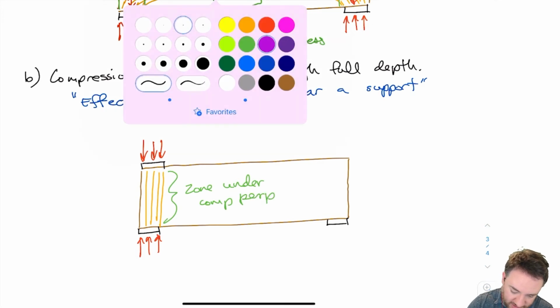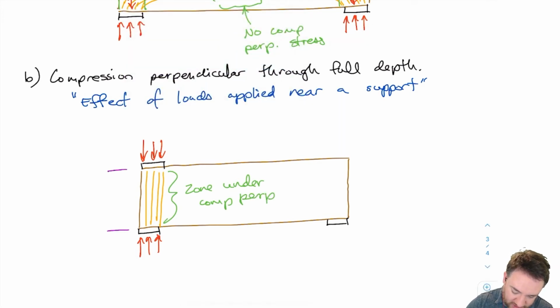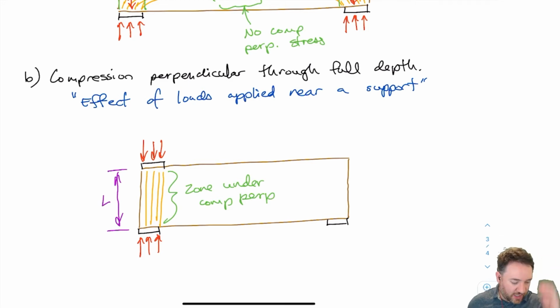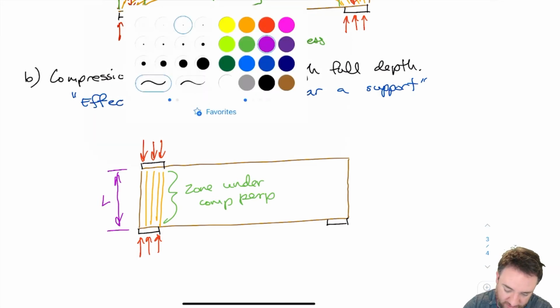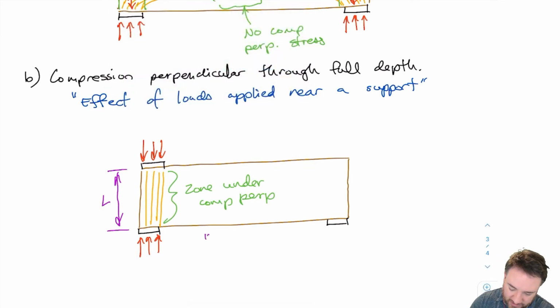So now that means instead of my L being localized just below the support, I basically have an L that goes all the way through the full depth, right? And this is not a technical term, but I like to call this case the squeezing case, or the squishing case.